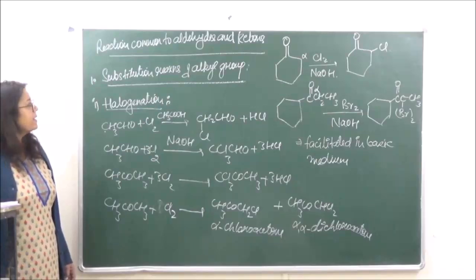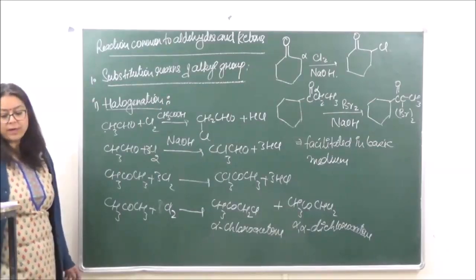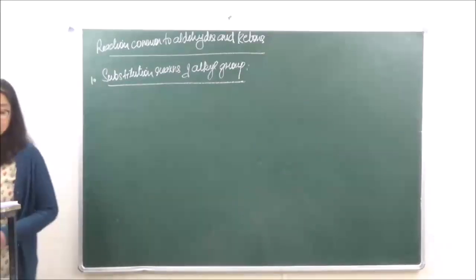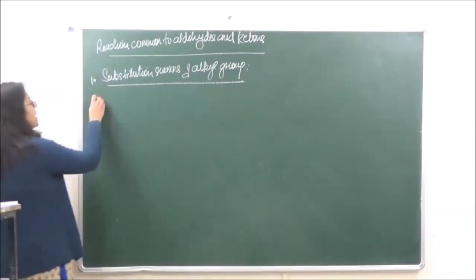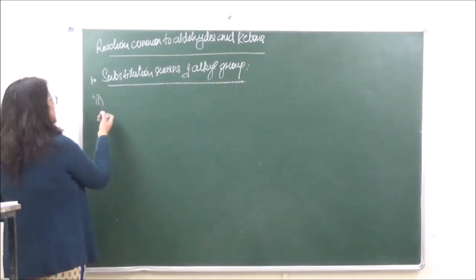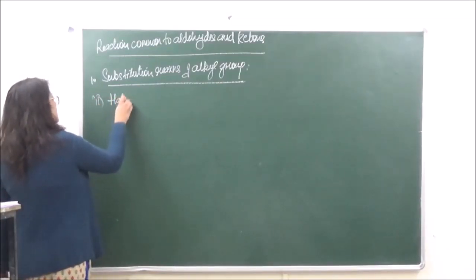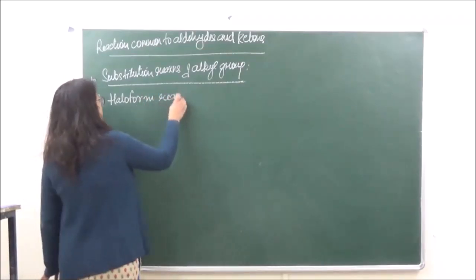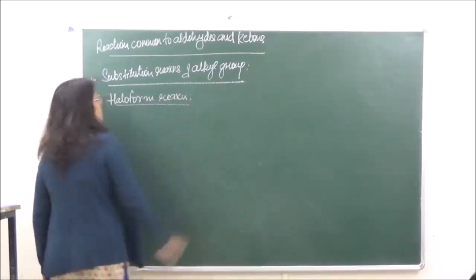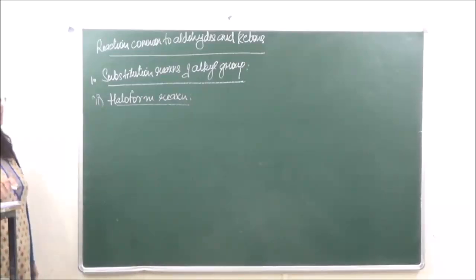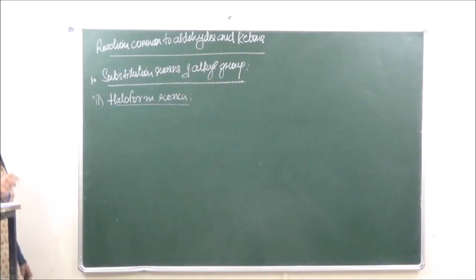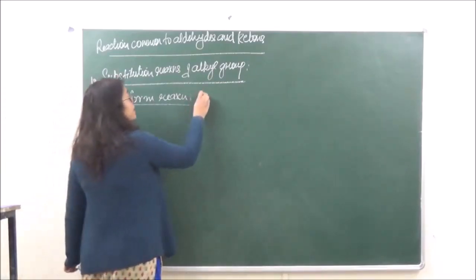Then the second type of reaction which we are going to do over here is the haloform reaction, very important. This haloform reaction is a specific reaction of methyl ketones.